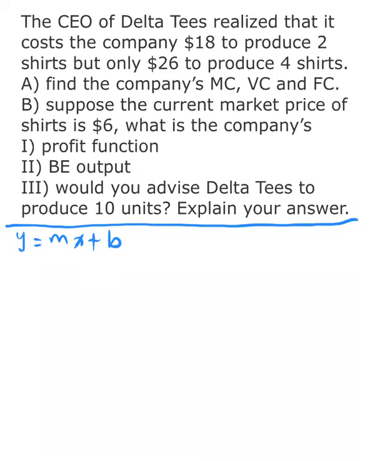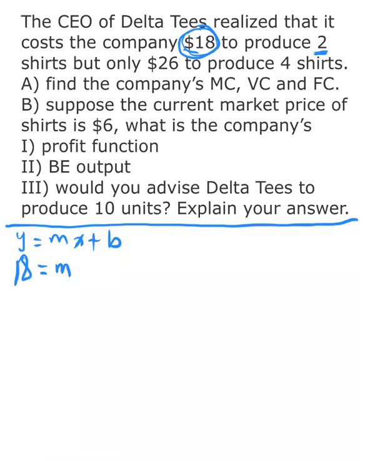Okay, if you read the question, the first part says, when the company produces 2 units, it incurs $18. That's the cost of producing two shirts. Here we know that our dependent variable is the total cost of production. So 18 will be equal to m, we don't know what m is, but we know what x is.